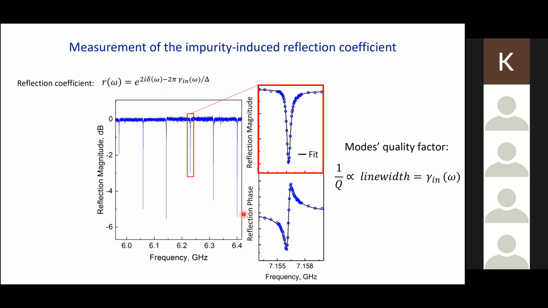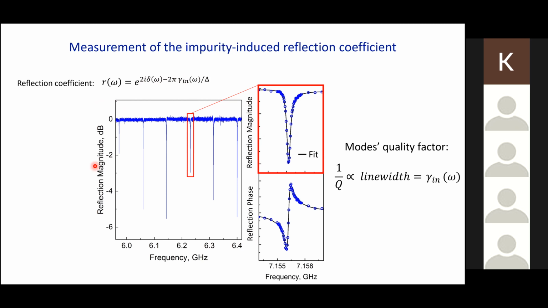We have this spectroscopy, which I showed you before, and for every resonance we can measure magnitude and phase, fit them, and extract the line width. This line width provides us the inelastic part, the decay rate. And by looking at the shifts of the modes, we can extract delta.